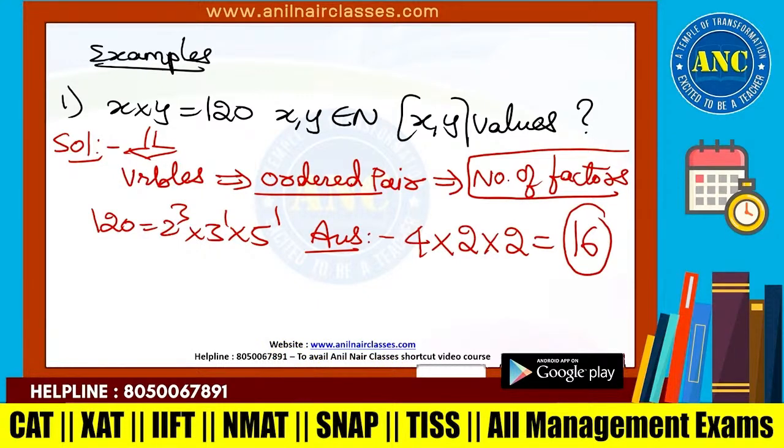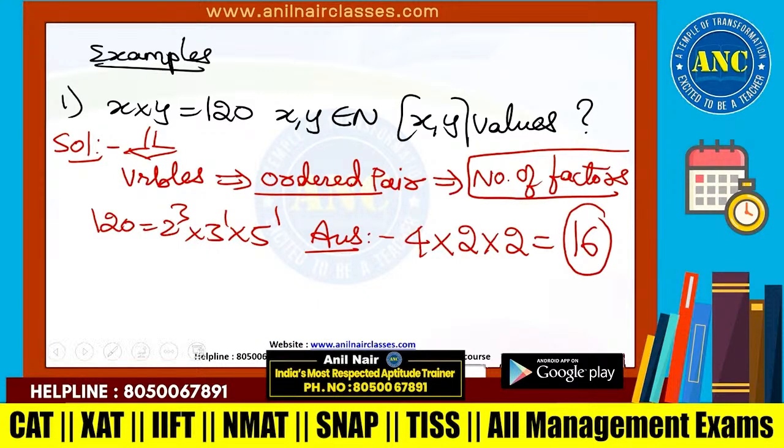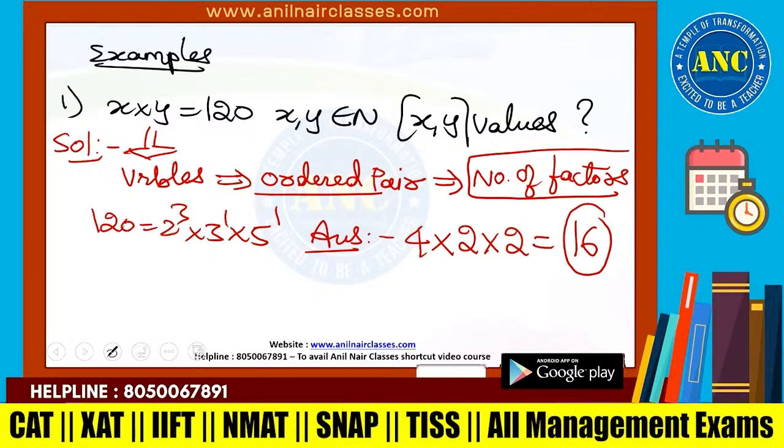In how many ways can you write a number as a product of two factors? If variables are present in the question, then it is an ordered pair. Why? Because this can be 1 into 120, and this can also be 120 into 1.